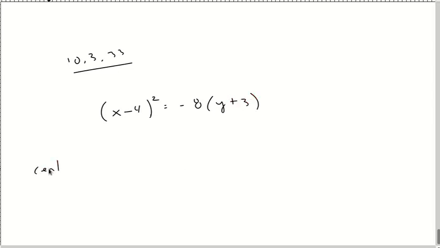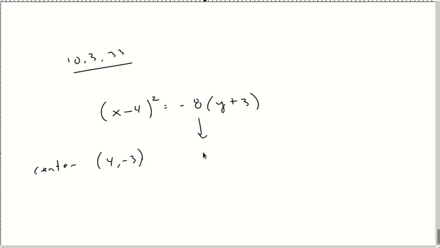So, 10, 3, 33. I've got x minus 4 squared is equal to negative 8 times y plus 3. So my center, or again, they might say the word vertex. That's fine. They can name it whatever they want. It's still the center of the graph.